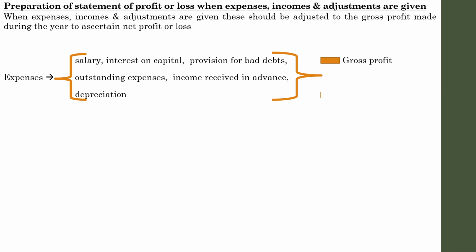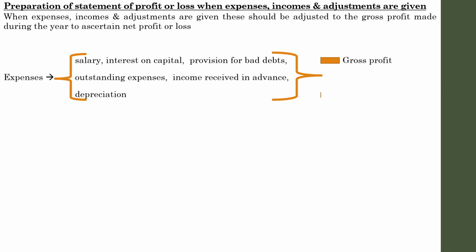We all know what is meant by gross profit, but in the single entry system, how are we going to identify gross profit? In the previous session we learned how to find profit or loss during the period on the basis of the statement of profit or loss. That is, from the closing capital you adjust drawings and additional capital, and from that you deduct opening capital.